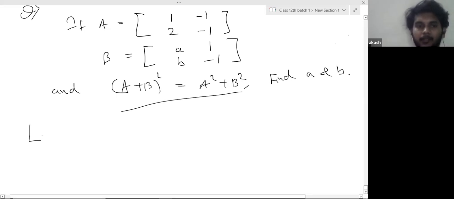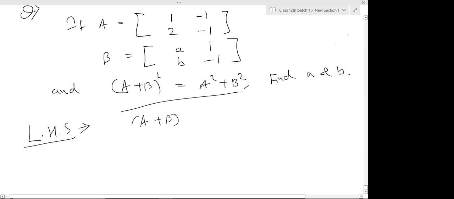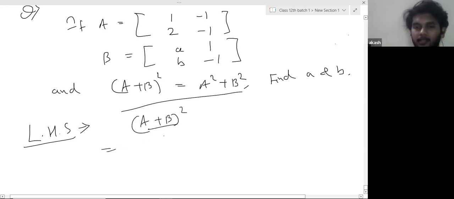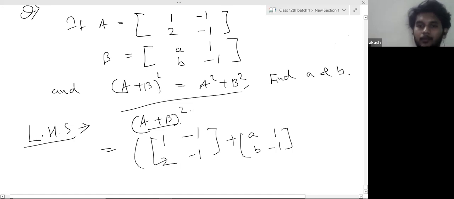Let's start with LHS of the equation. What is the LHS side? A plus B, the whole square, right? So first we have to add these two matrices, then take square of that matrix. So [1, -1; 2, -1] plus B matrix [a, b; 1, -1] and whole square of this whole matrix.